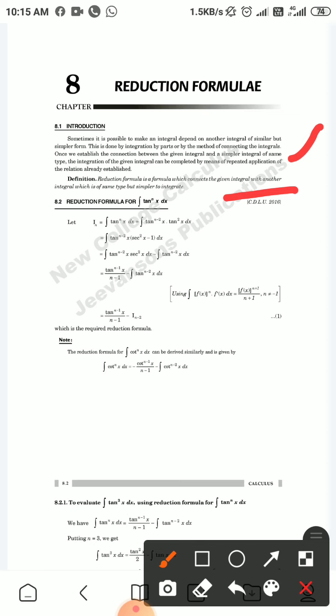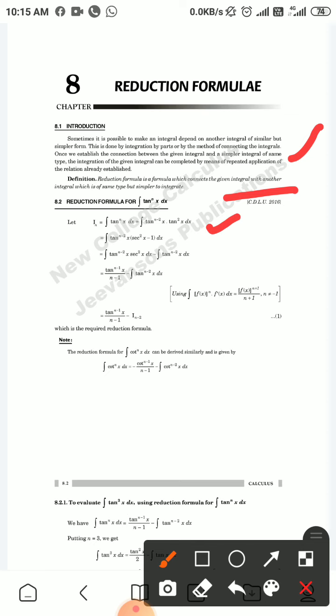Making first formula, reduction formula for integration tangent raised to power n x dx. Suppose first of all let I n is equal to integration tangent x raised to power n dx, and this can be written as integration of tangent raised to power n minus 2 into tangent square x dx.